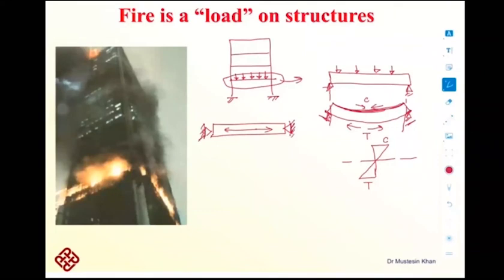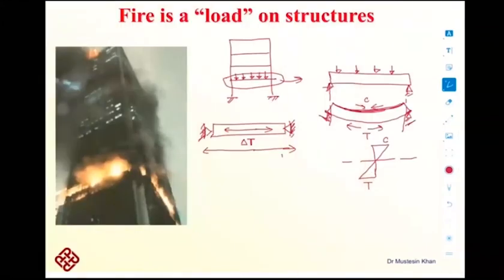This support is not allowing it to expand, and now we have applied fire, which increases the temperature of this beam by an amount of delta T. So when we increase the temperature of this beam, this increase in temperature is trying to expand it. This beam will try to expand beyond these supports, but as we have stopped it from expanding, it means we are putting a compressive force to stop it.